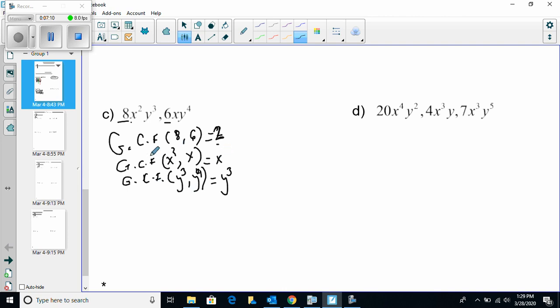And between y to the power of 3 and y to the power of 4, the lowest exponent is y to the power of 3. This is why the greatest common factor is y to the power of 3. So the greatest common factor between the two terms, 8x to the power of 2, y to the power of 3, and 6xy to the power of 4 is 2xy to the power of 3.